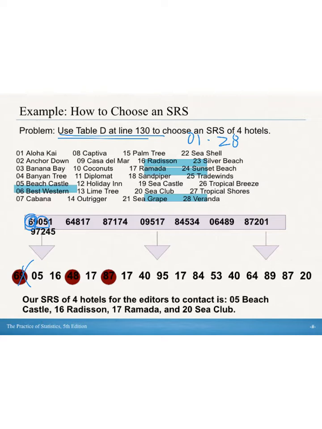This is highlighted wrong. Then 16 gives us the Radisson, and then 48, the next set of numbers, gives us nothing, so we don't choose anything, and then 17 gives us the Ramada, and so on, until you have 4.